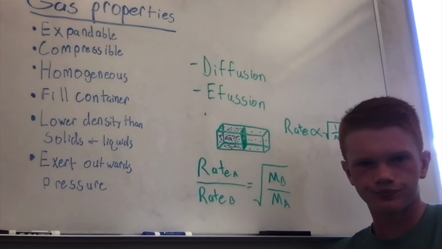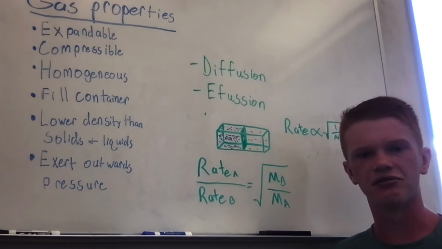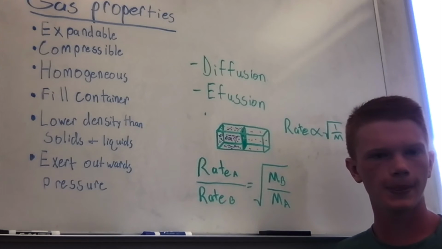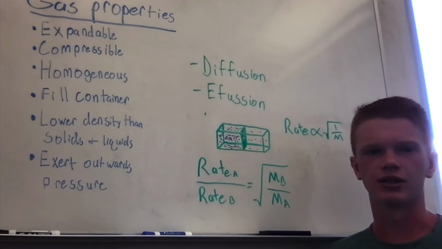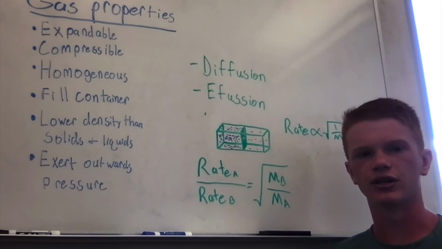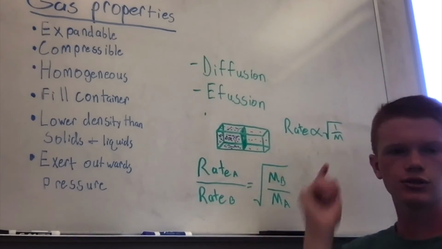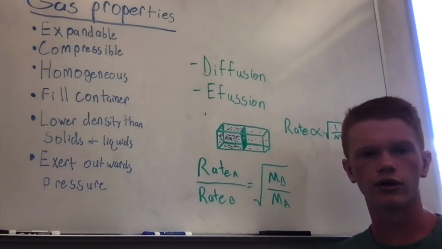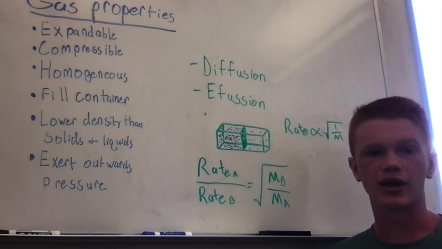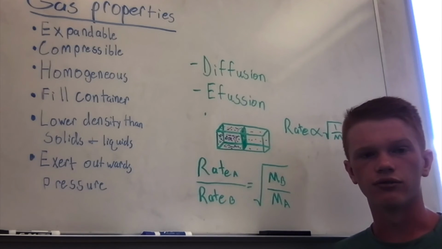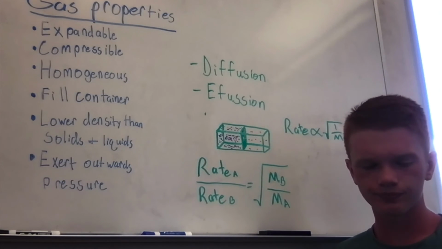So this means that a heavier gas like oxygen, well, in the grand scheme of things, I guess oxygen isn't too heavy, but oxygen is heavier than hydrogen gas, so it has a higher molar mass. So the square root of 1 over the higher molar mass of oxygen is going to be smaller than that of hydrogen gas.